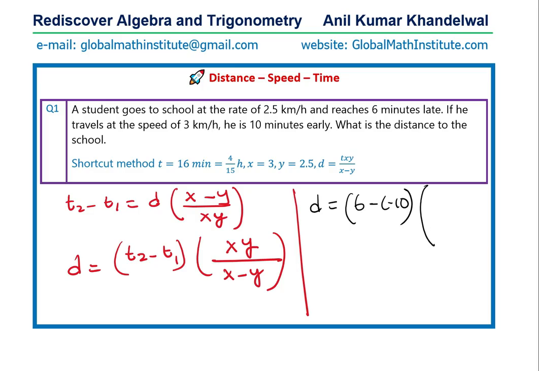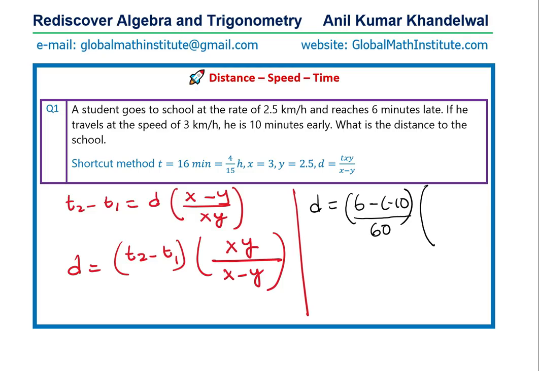And the speeds in both cases are 2.5 and 3, correct? Kilometers per hour. Now this time was in minutes, so because the speeds are in kilometers per hour, we'll divide this by 60. Correct?